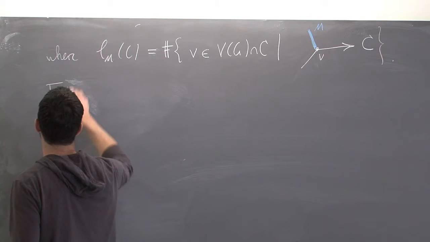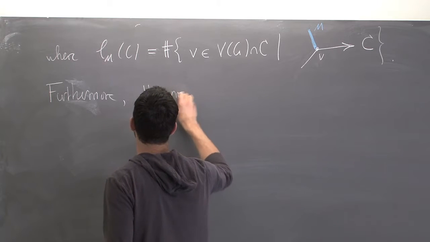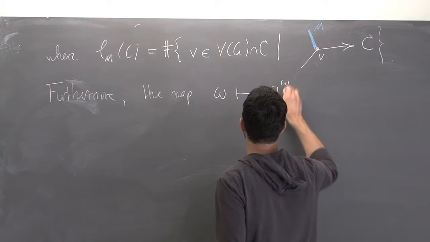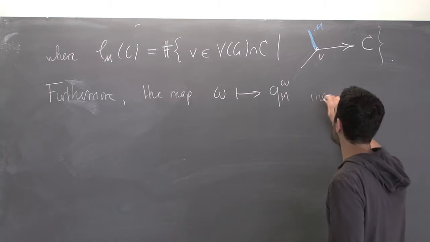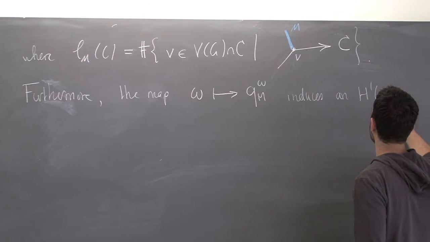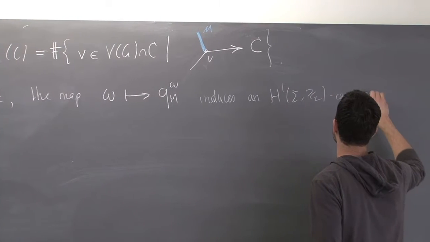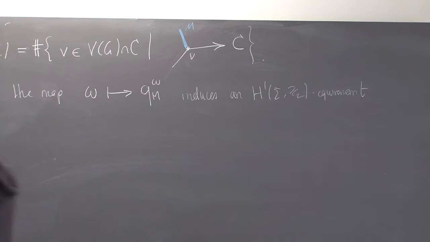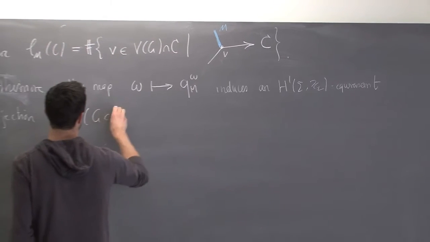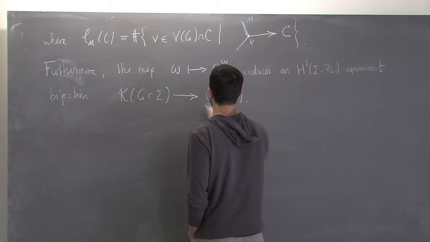Furthermore, the map which to a given Castellan orientation associates this quadratic form induces an H1 Z2 equivariant bijection from the set of equivalence classes of Castellan orientations to the set of quadratic forms.